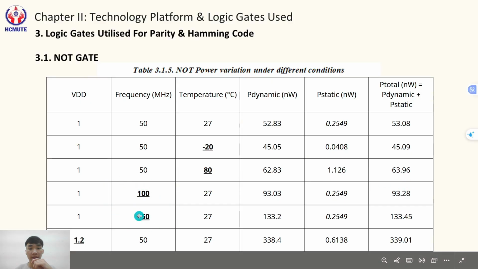When we increase frequency to 100 and 150 MHz, dynamic power increases almost linearly with the frequency, but static power remains nearly constant. And when increasing VDD, dynamic power increases proportional to VDD squared. Static power increases slightly due to higher leakage current, so the total power rises sharply.